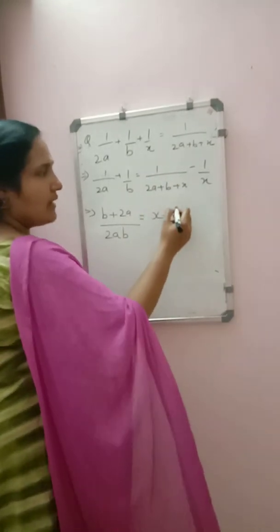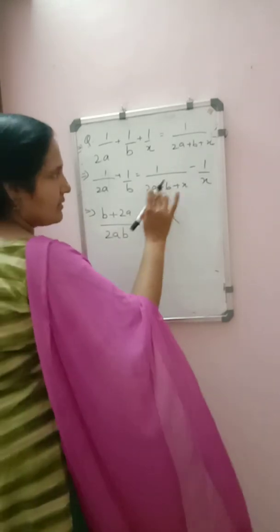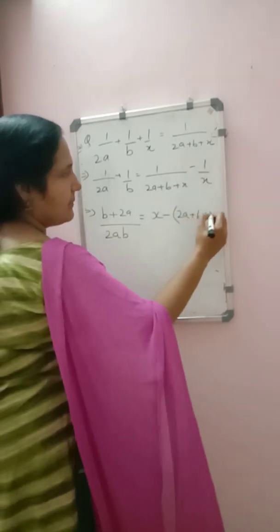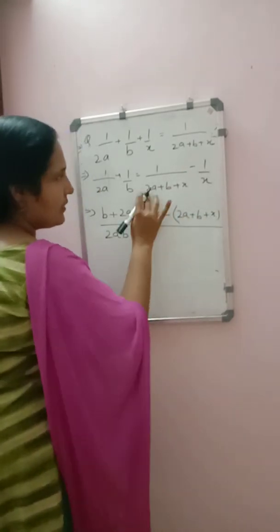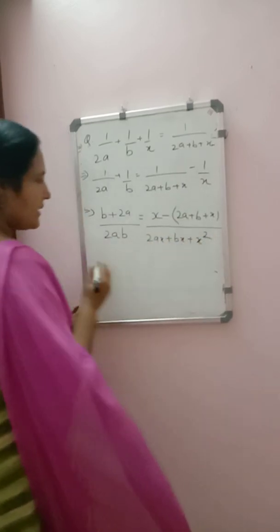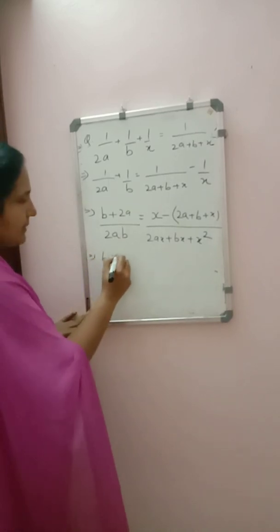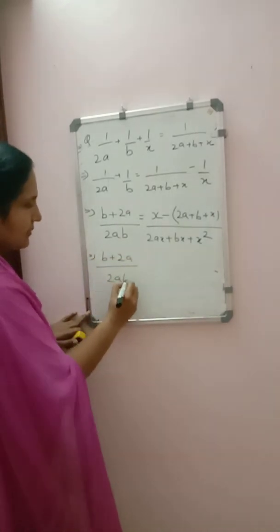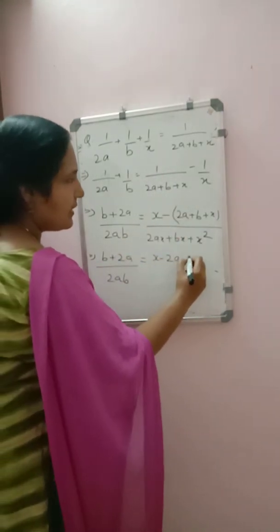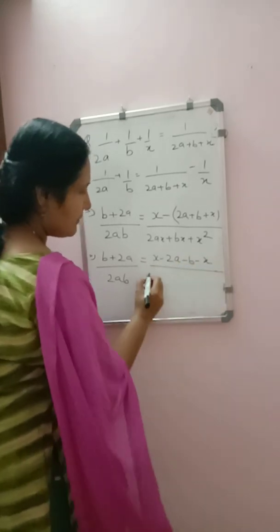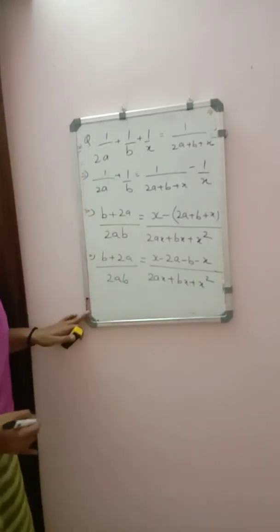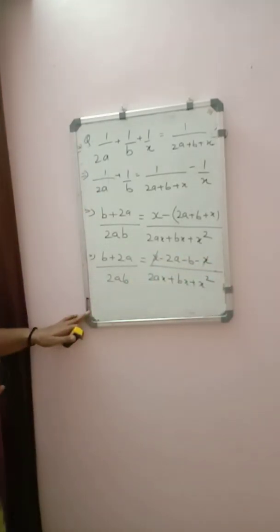Minus sign is there, that's why we'll put the bracket. 2a into 1, 2a, b into 1, plus b plus x by 2a into x, 2ax plus bx plus x square. b plus 2a by 2ab equals, now we will open the bracket, so it will be equal to x minus 2a minus b minus x by 2ax plus bx plus x square. x and minus x will get cancelled.